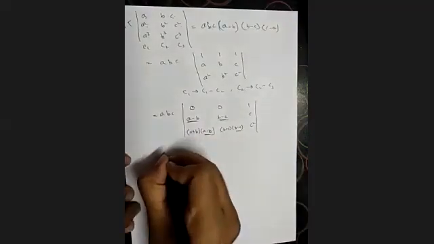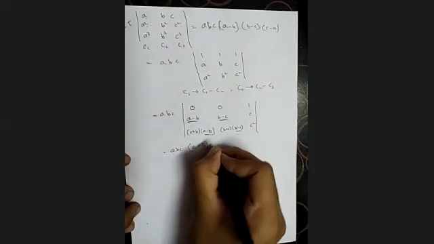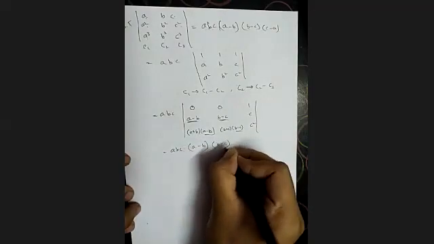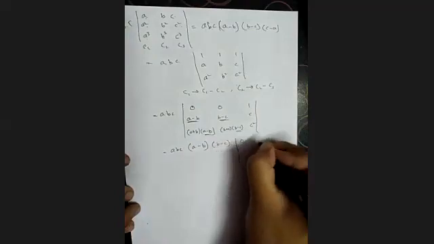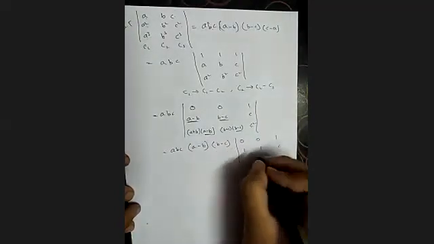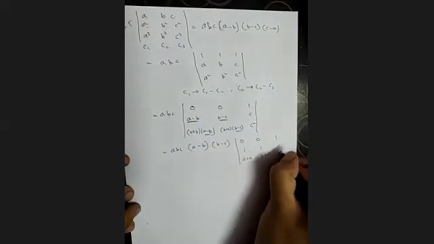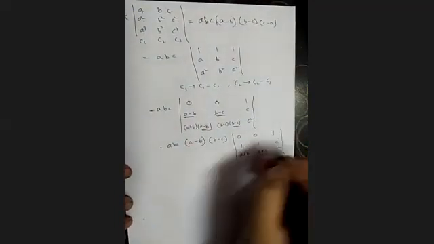So take common abc into (a minus b)(b minus c). What will be left? 0, 0, 1; 1, 1, c square; a plus b, b plus c. This will be left.